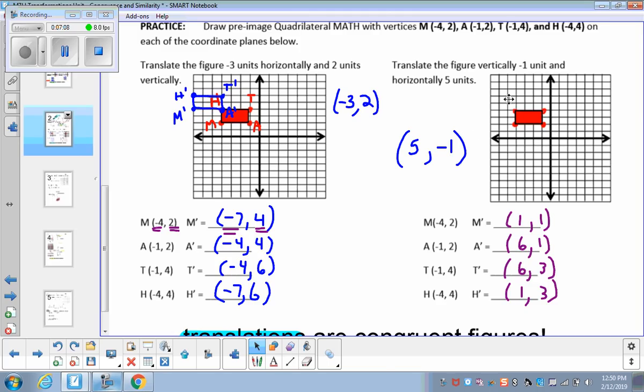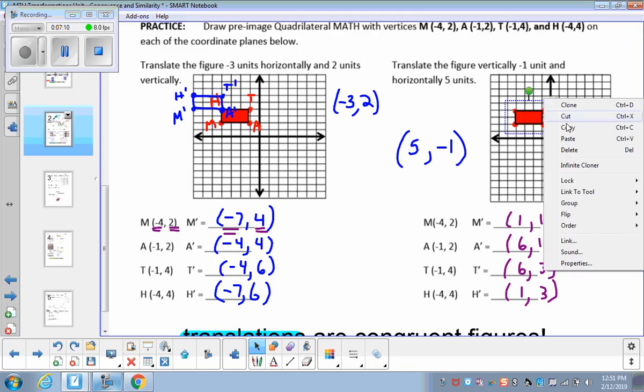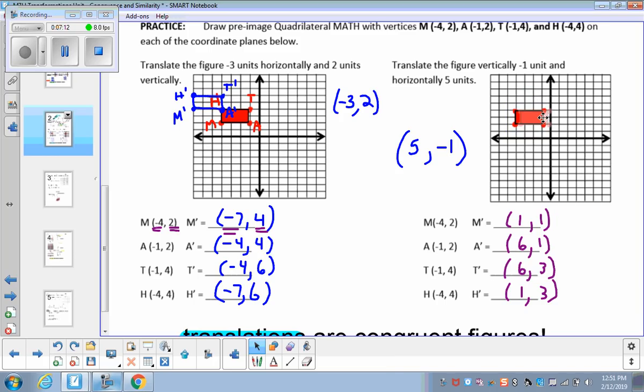So now what I'm going to be able to do is I'm going to move this one over. 1, 2, 3, 4, 5. And then down the 1. And right there we have all of these purple points in the right spot. M prime is right there, over 1, up 1.